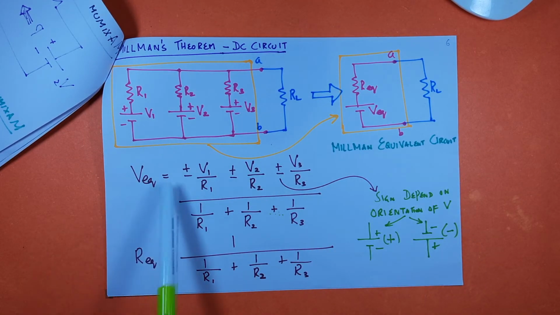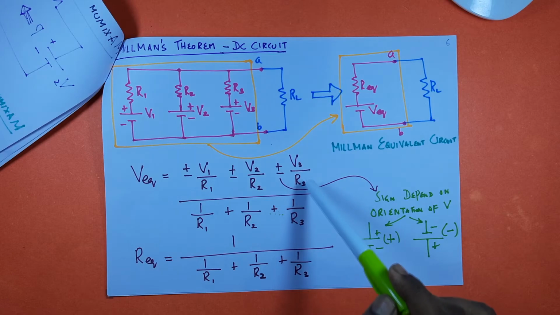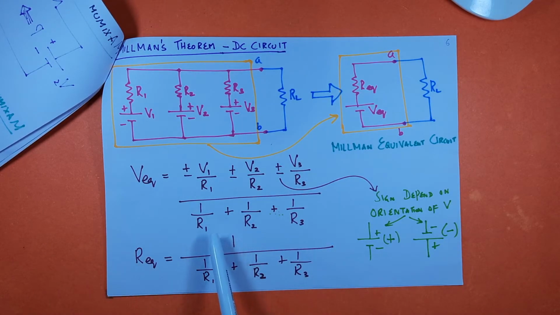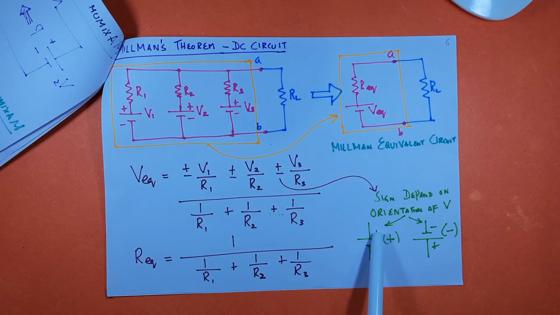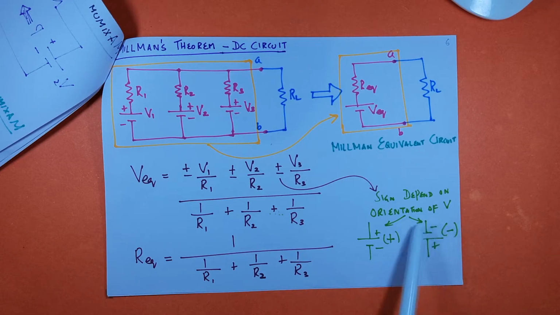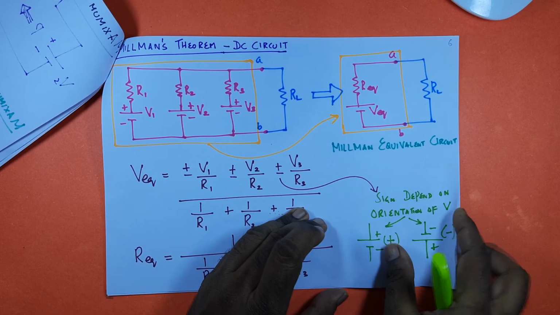V equivalent is given by plus or minus V1 by R1 plus or minus V2 by R2 plus or minus V3 by R3 divided by 1 by R1 plus 1 by R2 plus 1 by R3. Whether you are going to have a plus sign or minus sign depends on the orientation of these voltage sources. Suppose the top is positive, it means plus. Suppose the top is negative like this, then you have to take minus. Next, R equivalent equals 1 divided by 1 by R1 plus 1 by R2 plus 1 by R3.